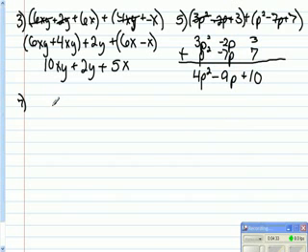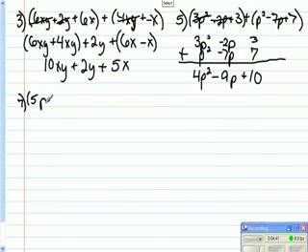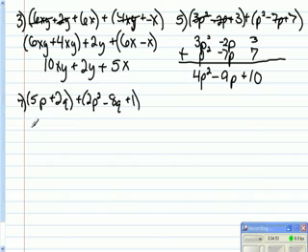Alright, number 7. We have 5p plus 2q plus 2p squared minus 8q plus 1. Okay, so I'm going to use horizontal method.